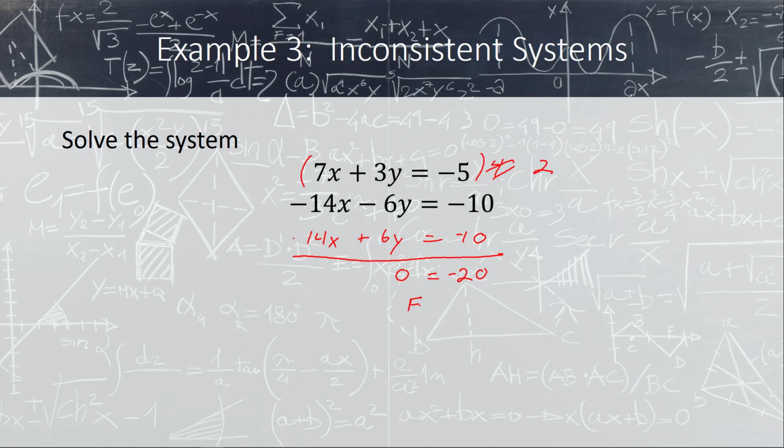This is a false statement, also known as a contradiction. As a consequence, if all this results in a false statement, that means that there is no solution, and the solution set is the empty set.